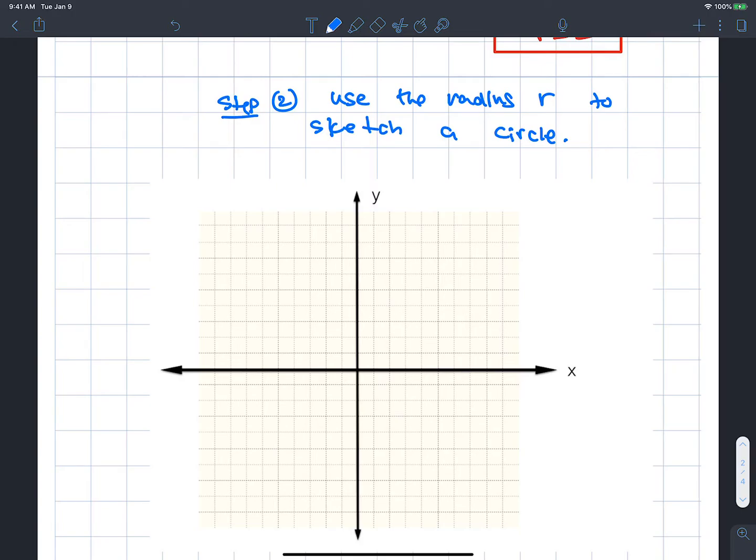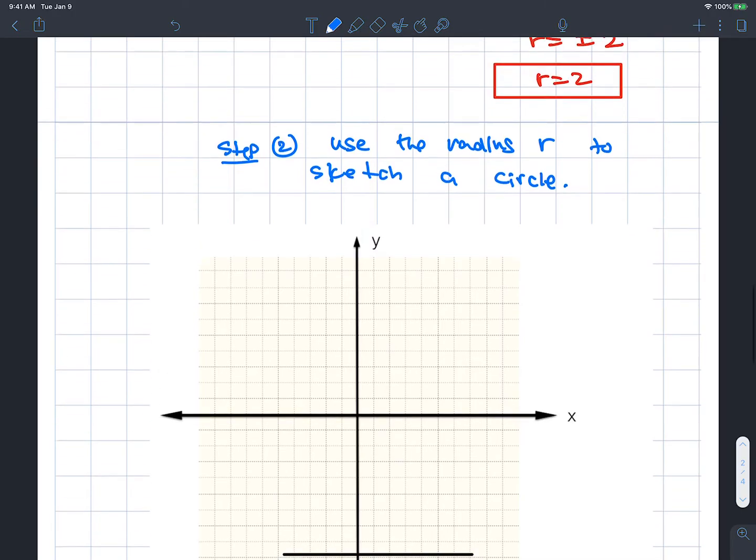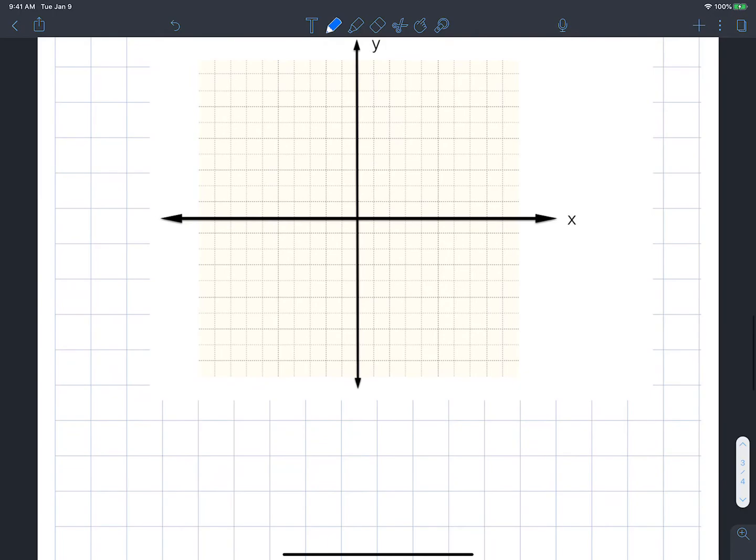All right. Now remember, the radius here is 2. And we say, well, how do we use the radius? You're going to start at the origin, ladies and gentlemen, and you're going to go to the right 2 units. You're going to go to the left 2 units. You're going to go up 2 units.